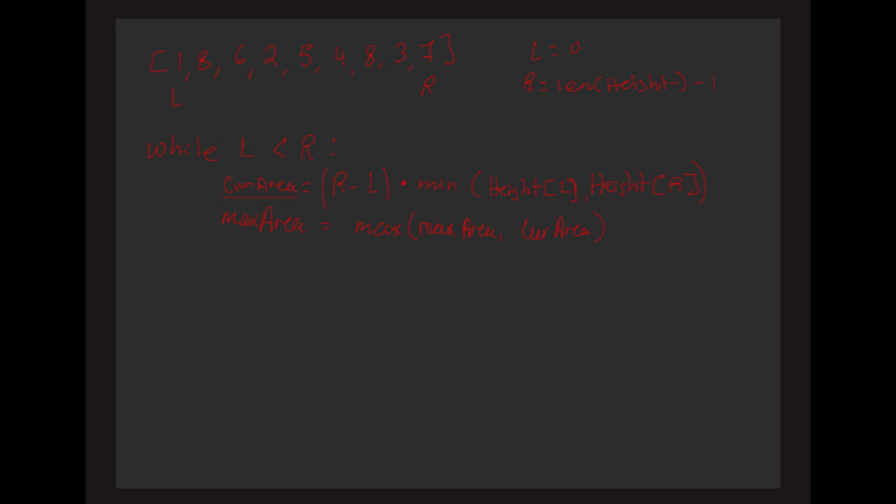To do so, we need to pick which pointer to move. Do we move the left pointer or the right pointer? The driving logic here is which one has the minimum height.